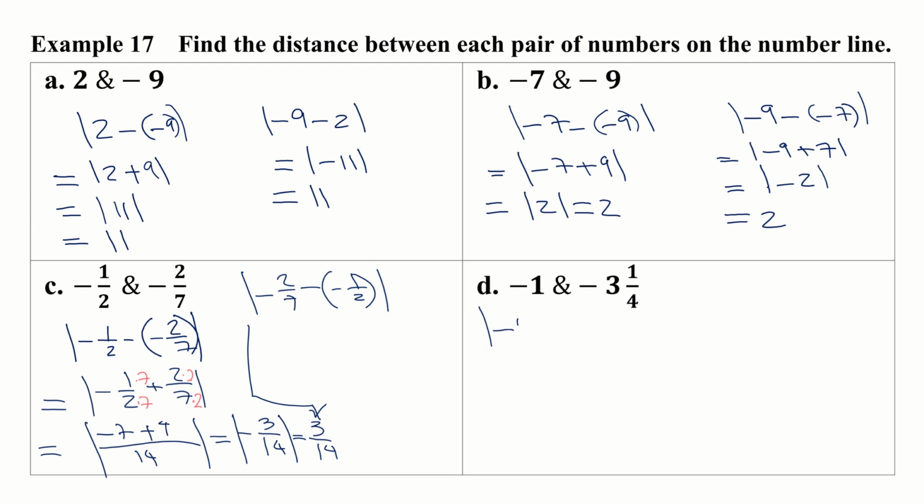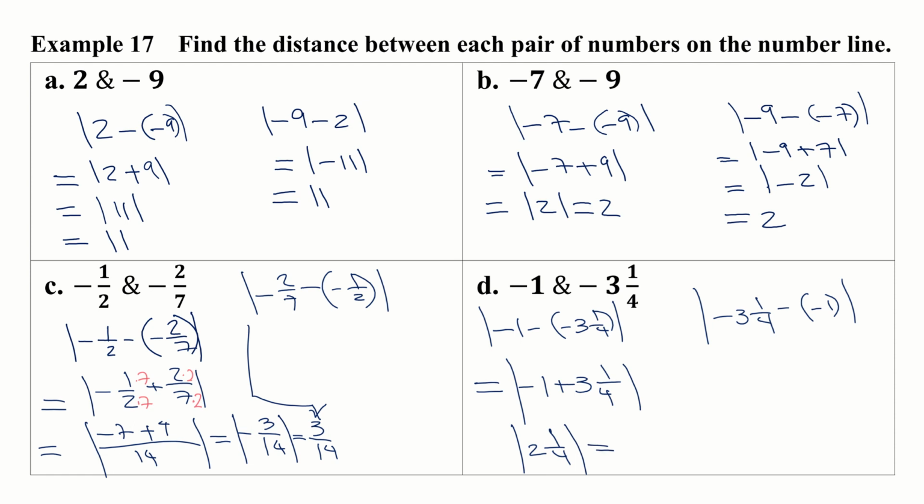Same business with this last one. You can go absolute value of negative 1 minus negative 3¼. Or if you don't like that, you can do the absolute value of negative 3¼ minus negative 1. So that's going to be that this one is going to give me negative 1 plus 3¼, which is basically 3¼ take away 1, so it's 2¼.